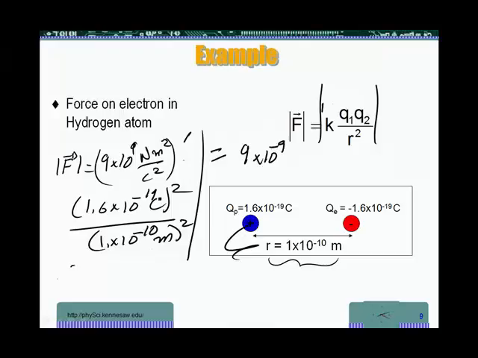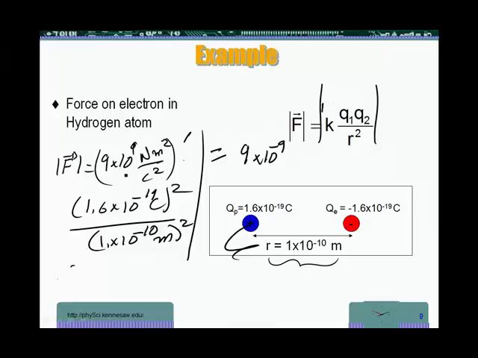Okay, just calculate again to make sure. Minus 19 squared, that's minus 38, over minus 10 squared, which means over minus 20. So minus 38 over minus 20 leaves us with minus 18. And then minus 18 plus 9 gives us 10 to the minus 9.